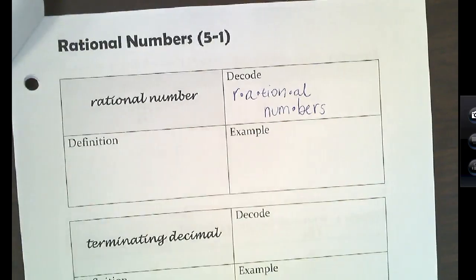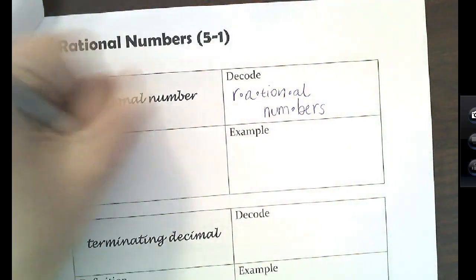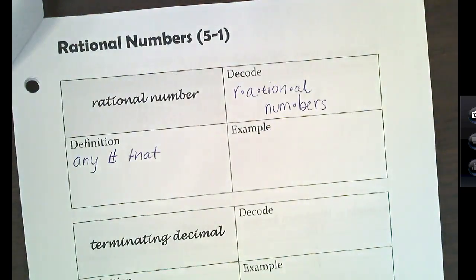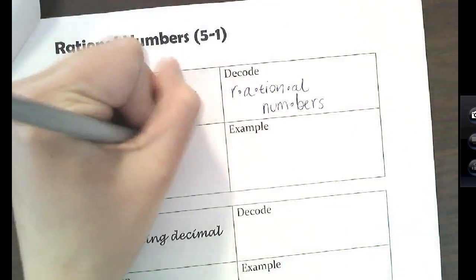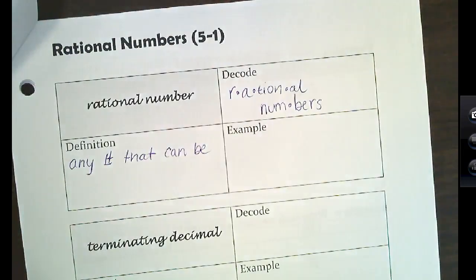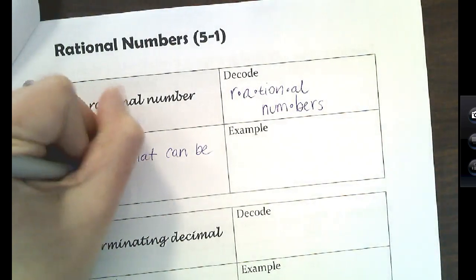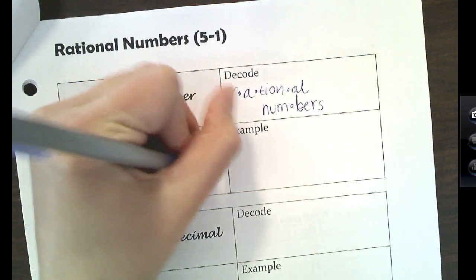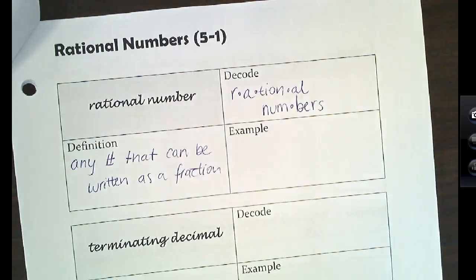A rational number is any number that can be written as a fraction. That's what a rational number is.